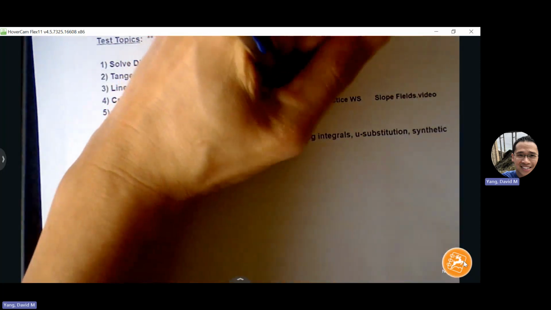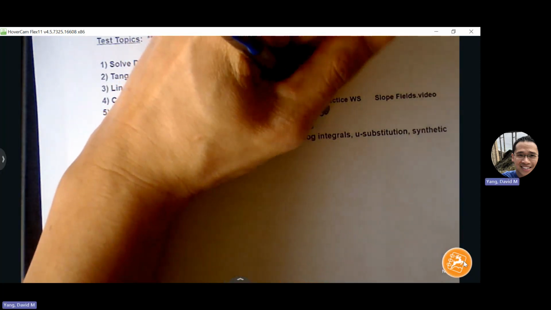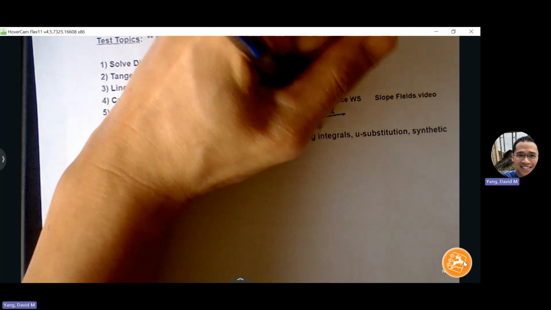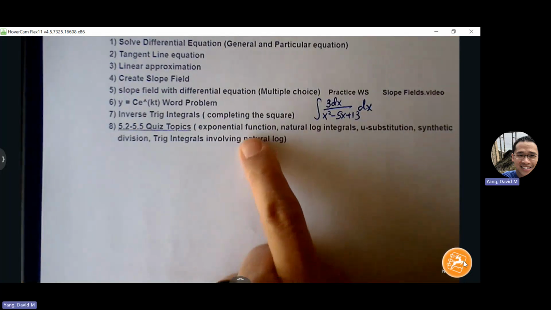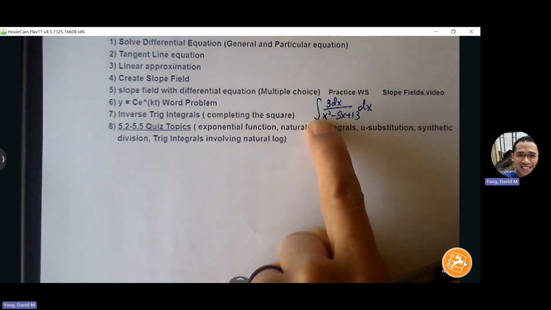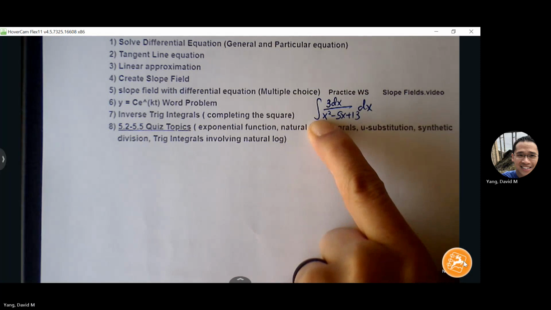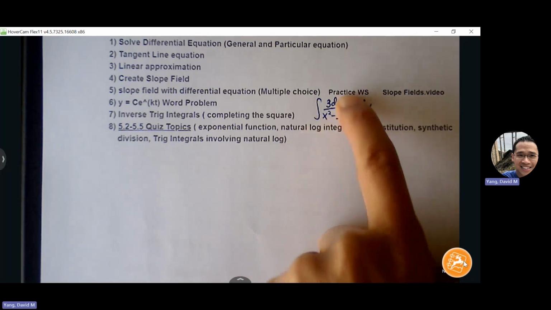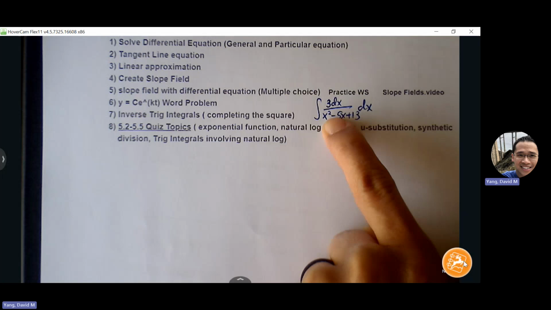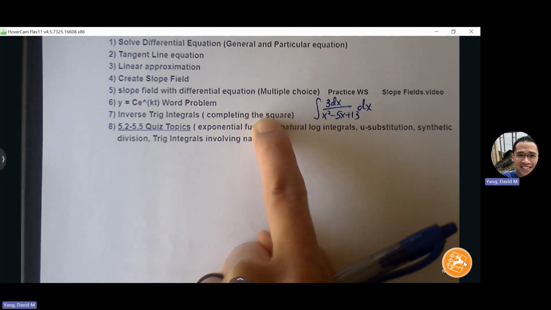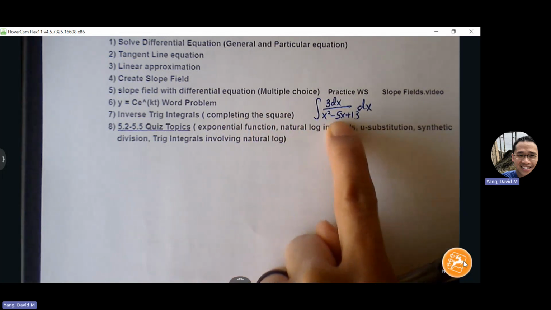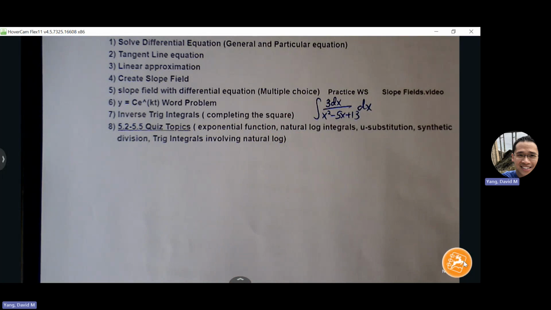So for instance, if I had the integral of 3 dx over x squared minus 5x plus 13, this is a good indication of inverse trig integrals, because the degree in the denominator is higher, and there's a gap of degree 2. So there's degree 0 versus degree 2. If you see a gap of 2 or more, that's an indication that inverse trig should be able to handle it. And then sometimes when we have to complete the square, like this one, we got to get the 2 sets of parentheses to show up. We'll do some practice with that.